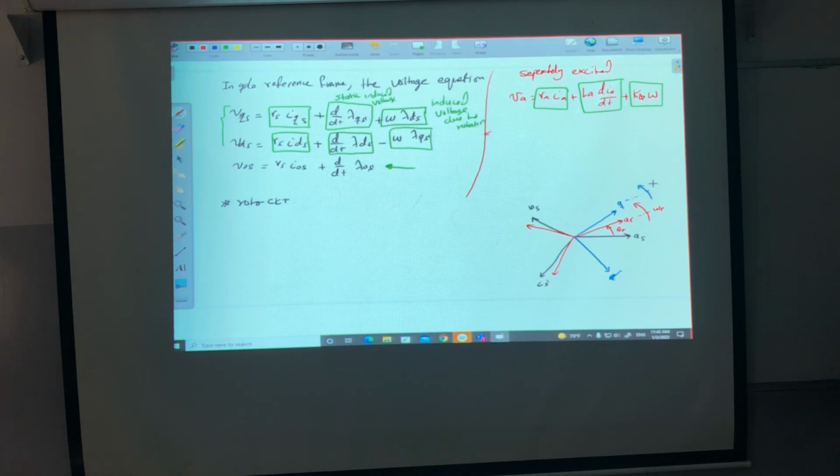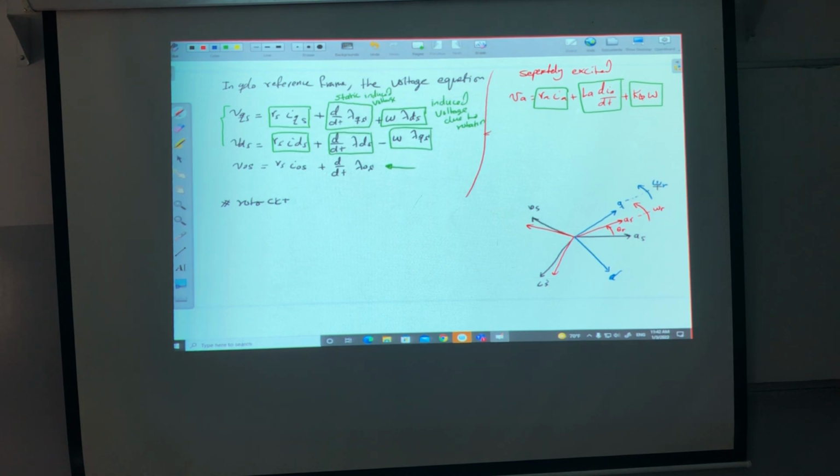There's no specification for omega, so this is the arbitrary reference frame. Later on, if I fix the speed that the reference frame is rotating, I can say stationary reference frame, synchronous rotating reference frame, or rotor rotating reference frame, for example. So let's assume now that our frame is rotating by omega.